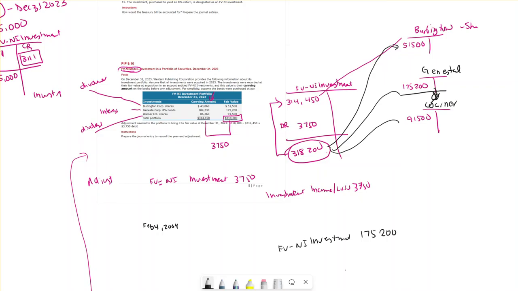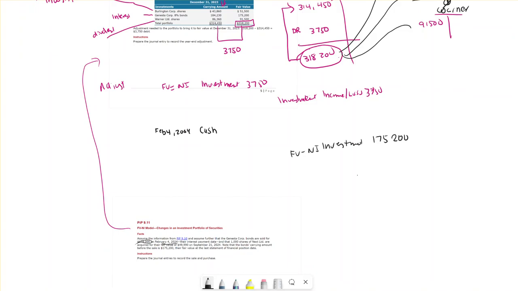175,200, and then how much did we sell it for? They told us in the question we sold it for 174. So we sold it for less than what it is worth, and if it's less, we will have a loss. In this case, we have a loss on disposal, and that is fair value net income investment.